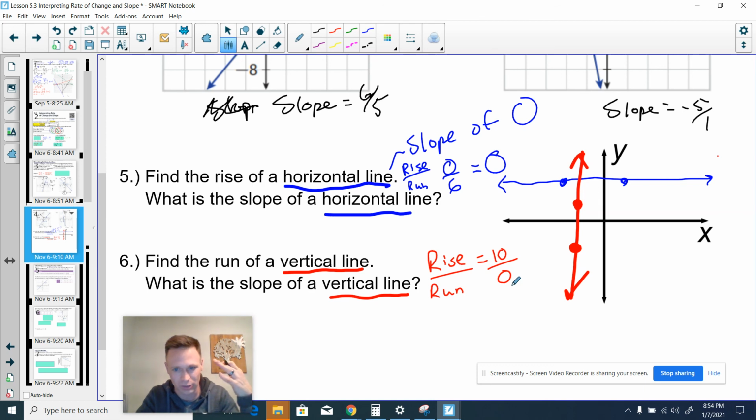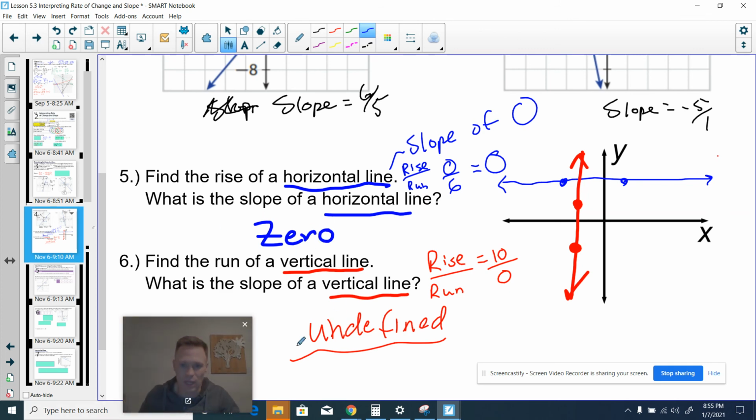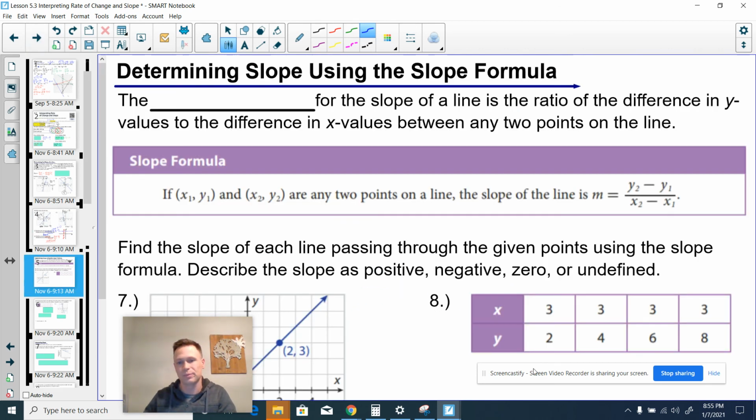It's an impossible question. It doesn't make sense. It's an error message. So what we say is that the vertical line slope is undefined. The slope of a horizontal line is 0. Those are 2 special cases. Vertical line is undefined. Horizontal line, slope is 0, always.